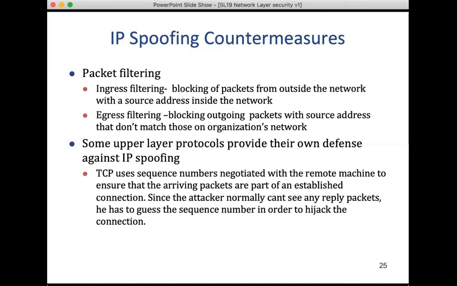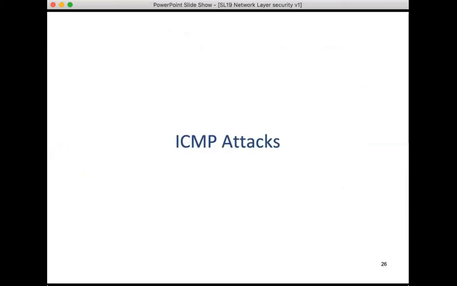And TCP uses sequence numbering, right? So anybody who is trying to spoof a TCP packet will have to use a sequence number, and guessing the sequence number will be difficult. Right? So in this way, higher level protocols can do something to avoid IP address spoofing.